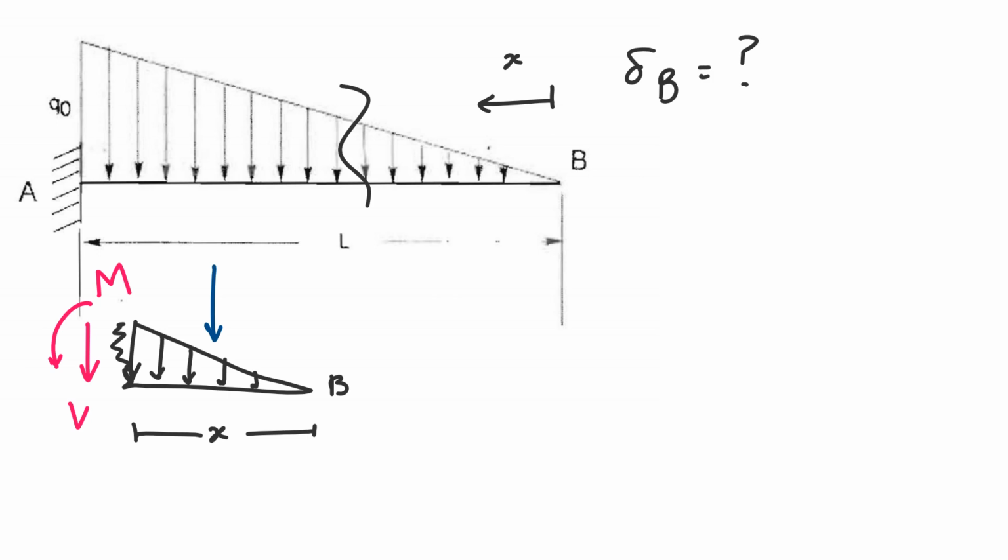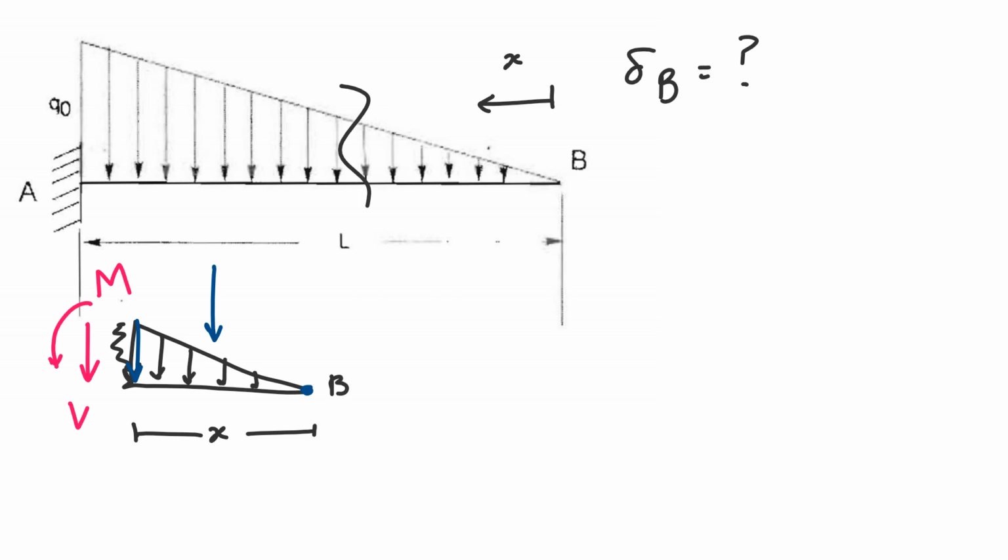First, we're going to find the total amount of force that this load is exerting on us. And the way we do that is we're just going to integrate it. The force, as you can see, starts from 0 at the edge and increases to this value. Now, what is this value here? That's the question.